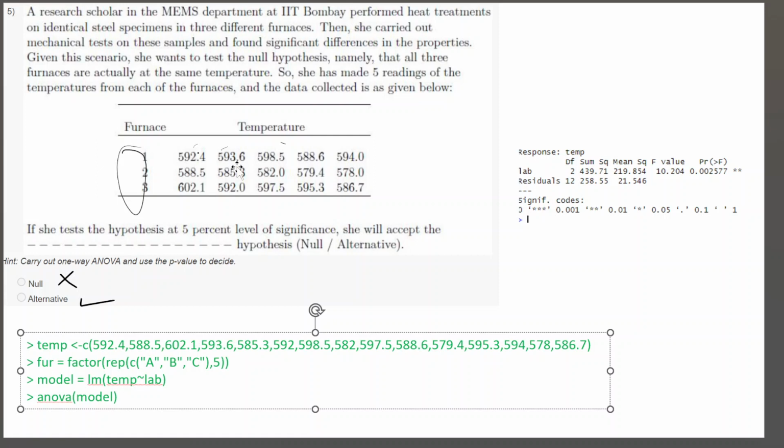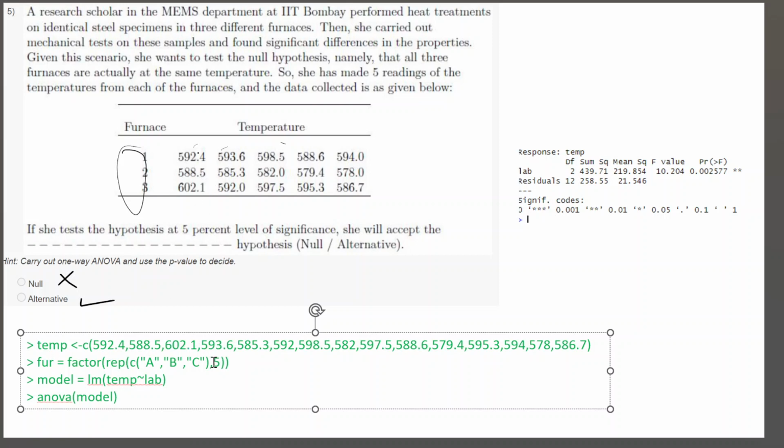So what it will be doing is 594, 388, then 602.